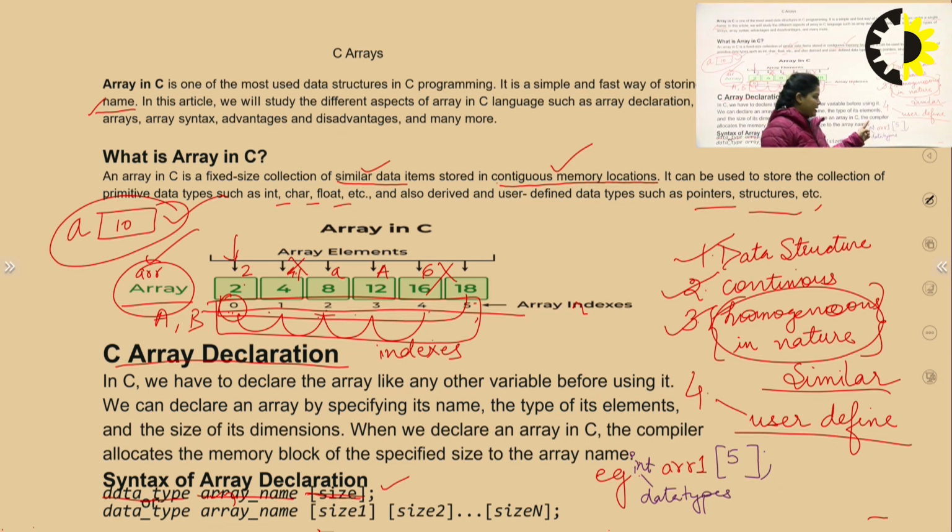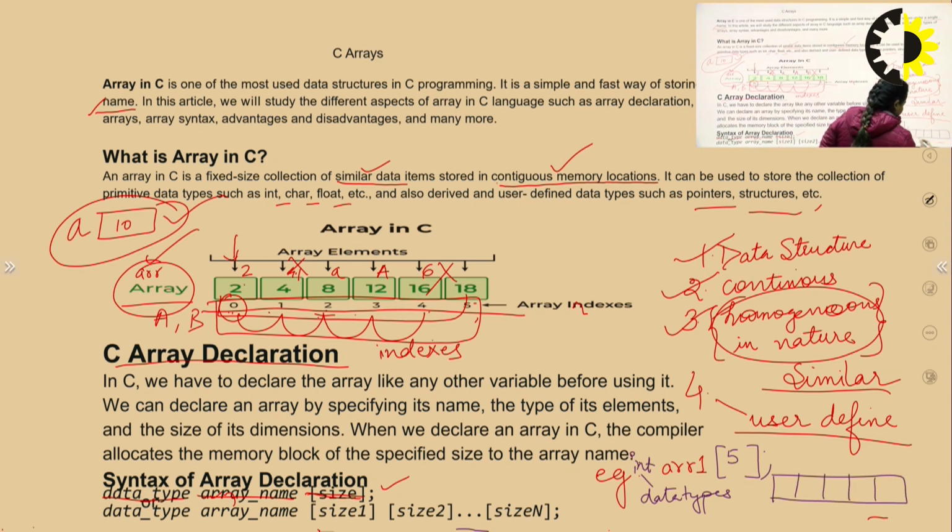Now my compiler will allocate a chunk of memory of 5 locations: 0, 1, 2, 3, 4. In this example, the data type is int, the name of the array is array1, and the size is 5.